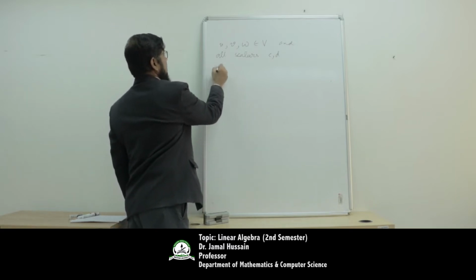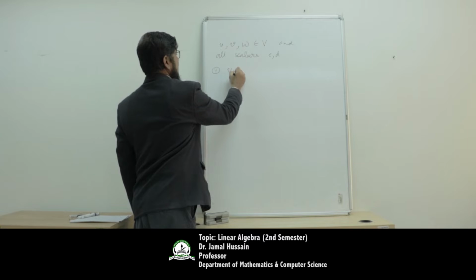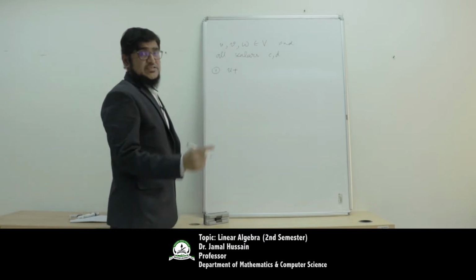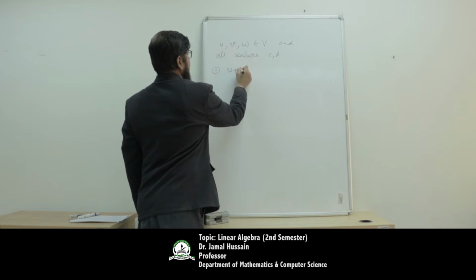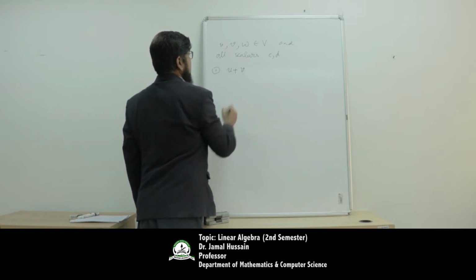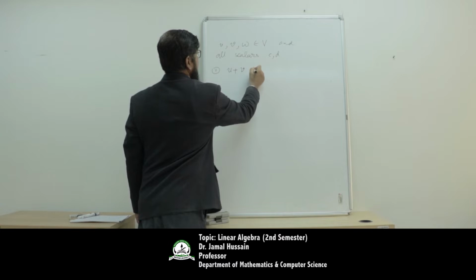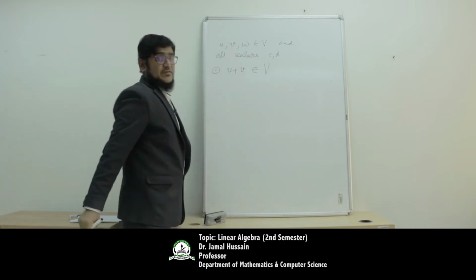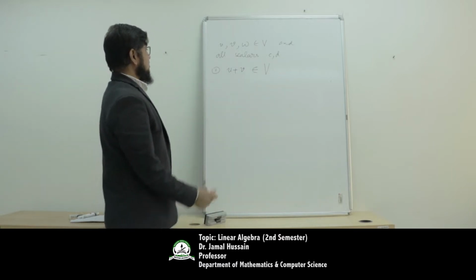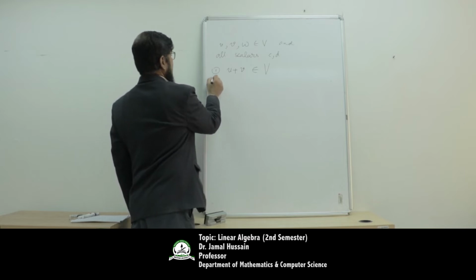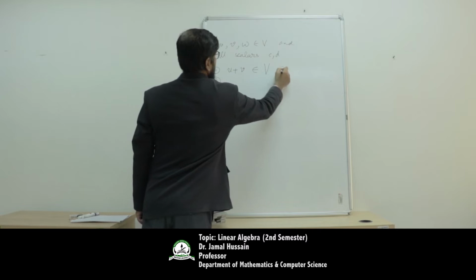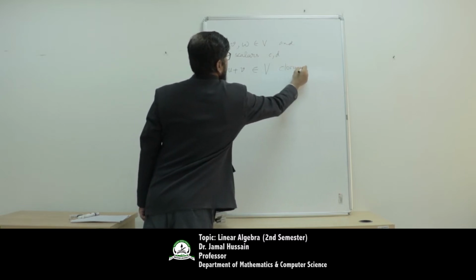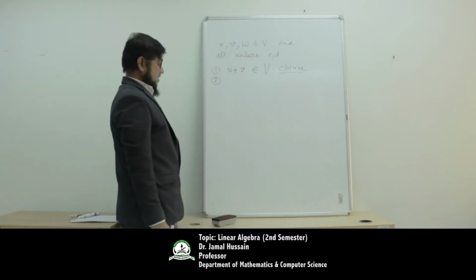Number one, we have two operations, addition and scalar multiplication. When we add two vectors, the result must belong to the set V. This is called the closure property.